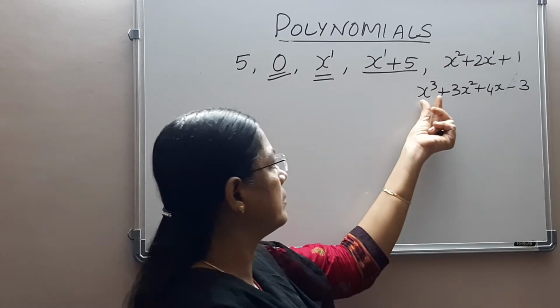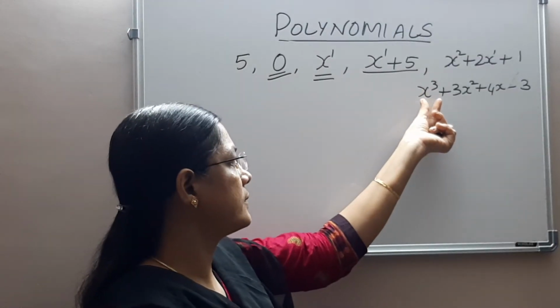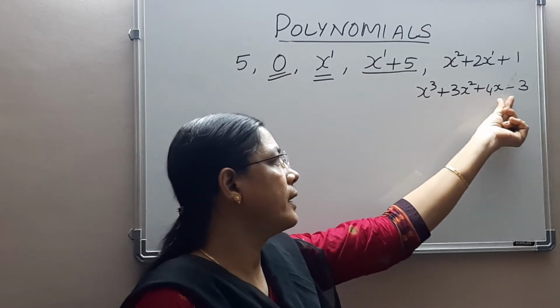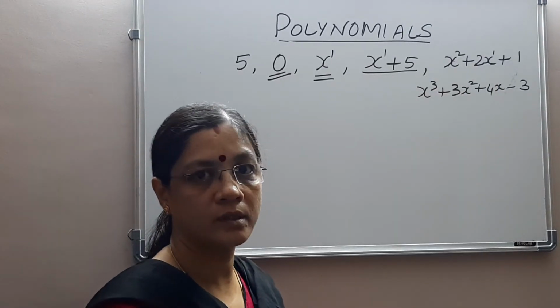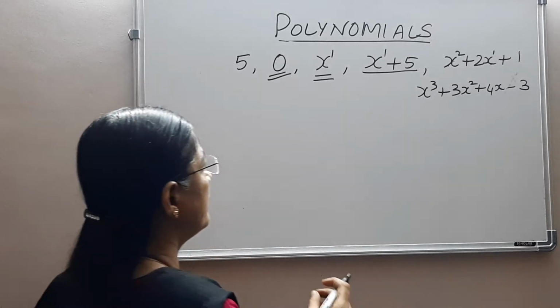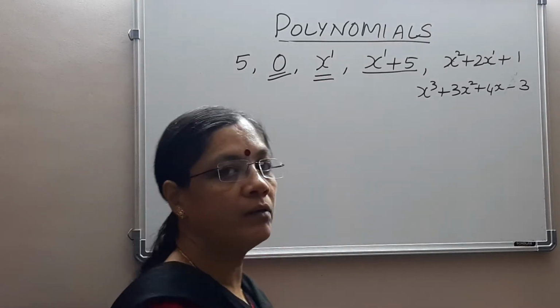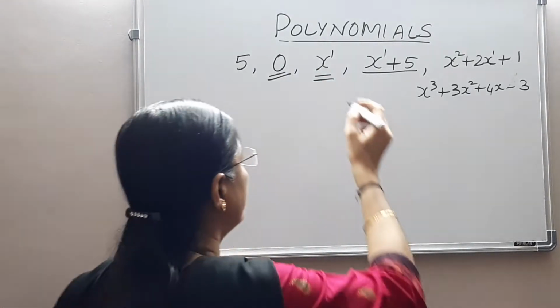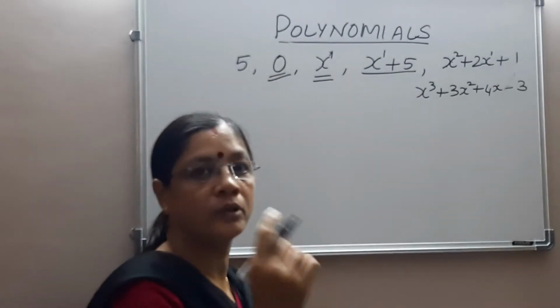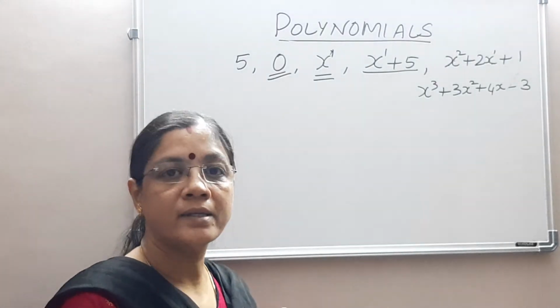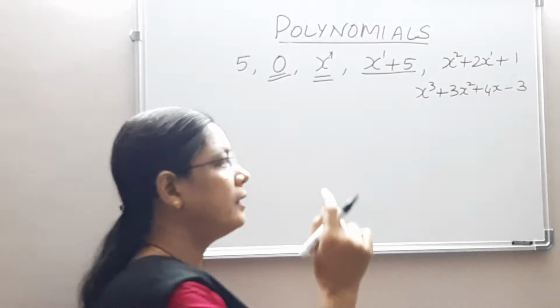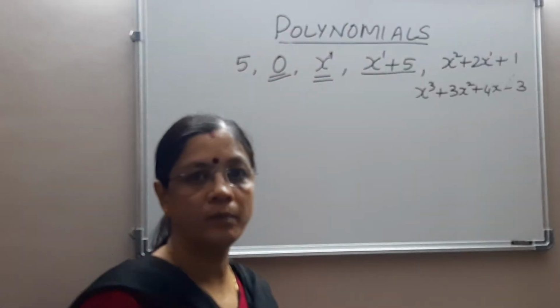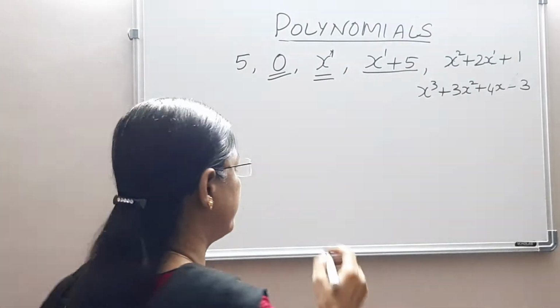Here the maximum number of x's, x into x into x, that is x cube, x squared, x, and then a constant term. So depending upon the maximum power of the x, the polynomial is termed.